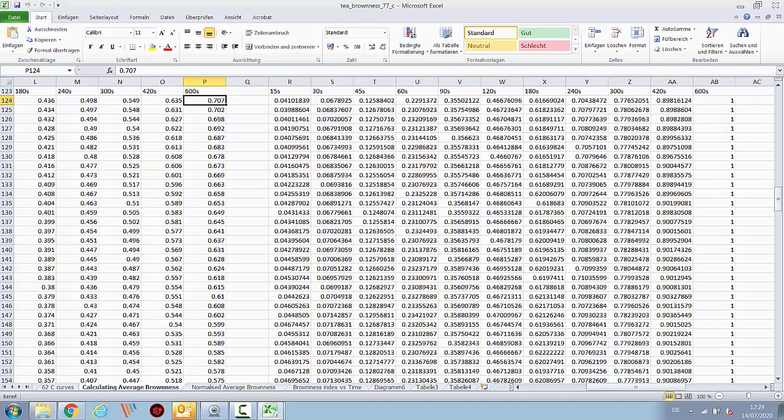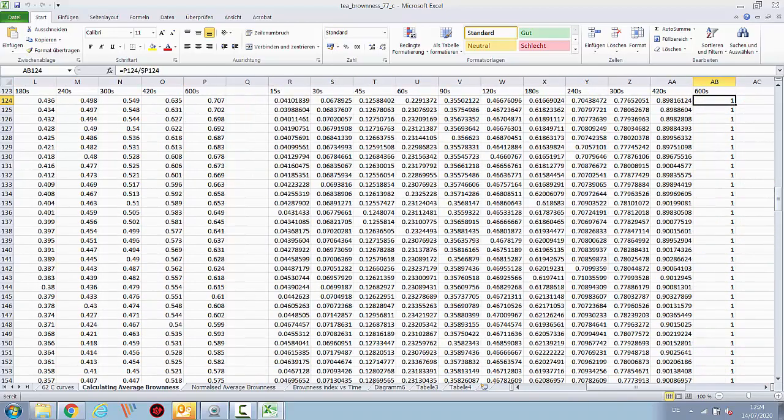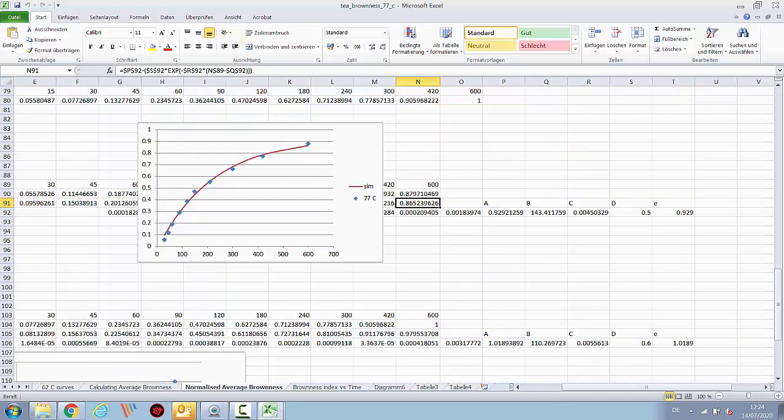I've used the same 600 second value, the 600 second value at the highest temperature, 85 degrees. So that's the one that comes out at 1. All of the other values should come out less because we get less brownness at any other condition.